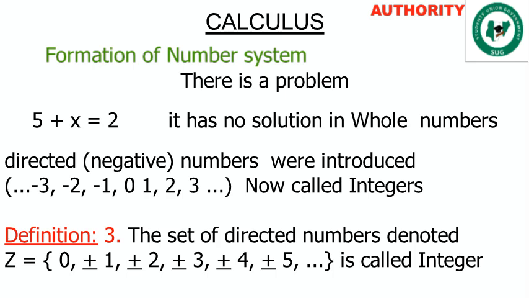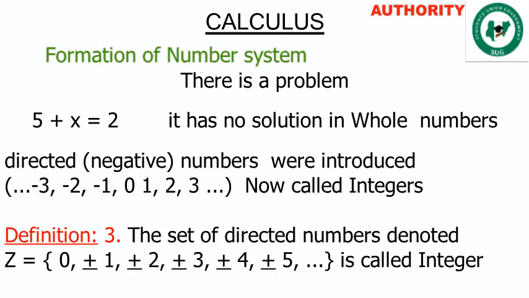Let's say you want to solve this problem. You can simply say x is equal to 2. You bring 5 to the other side, to be 2 minus 5. It will give you minus 3. So minus 3 is found in this new set of numbers. You understand? Okay, let's go.